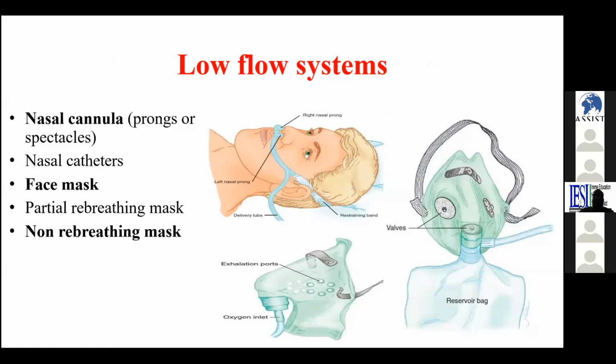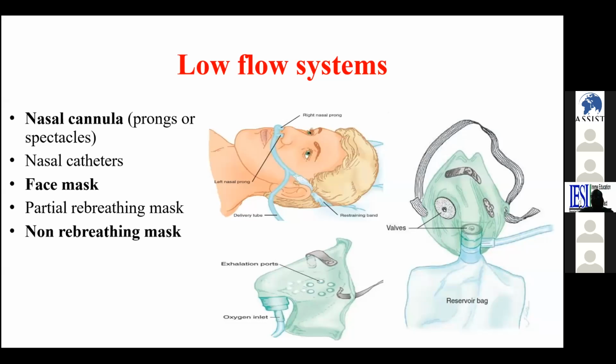Okay, so for low flow systems, I think we are familiar with those devices. The first one is a nasal cannula, which is common in our settings. The second one, also common in our settings, is a simple facial mask. You can see the image below. Another one is a non-rebreathing mask, which is a mask with a reservoir bag.